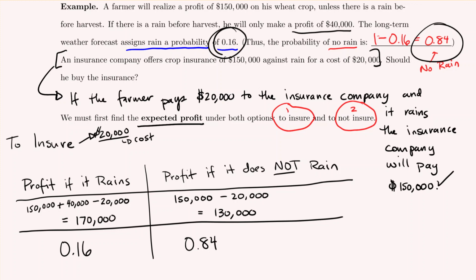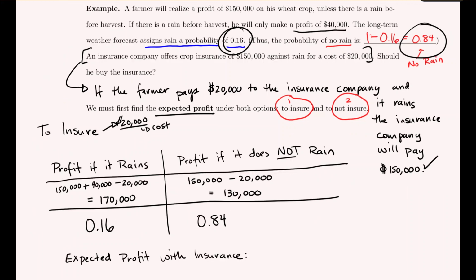So then the expected profit, if we have insurance, can be found by taking the possible outcomes, multiplying by its probability, plus the next outcome times its probability.